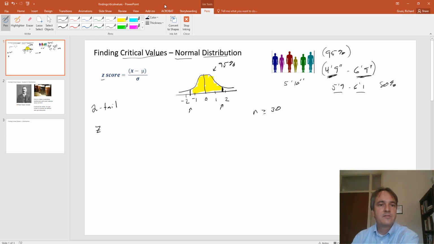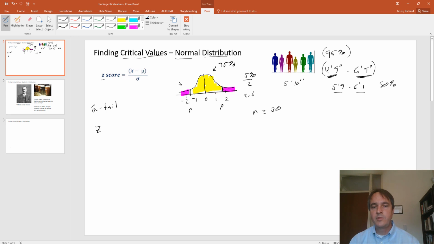So let's look at this one up here. If 95% of people fall in here, how much area do we have out here in these two tails? If there's 95% in there, that means we've got 5% left over. This is a symmetrical distribution, so we cut this in half: half over here, half over here.